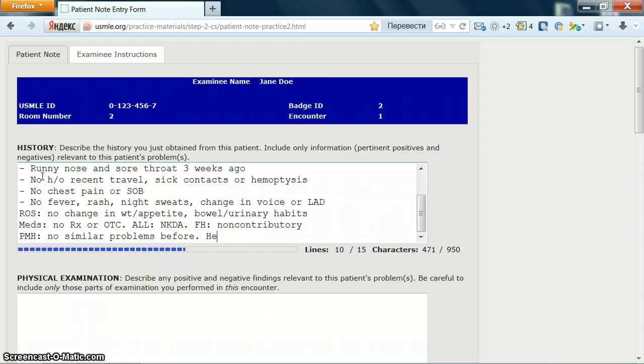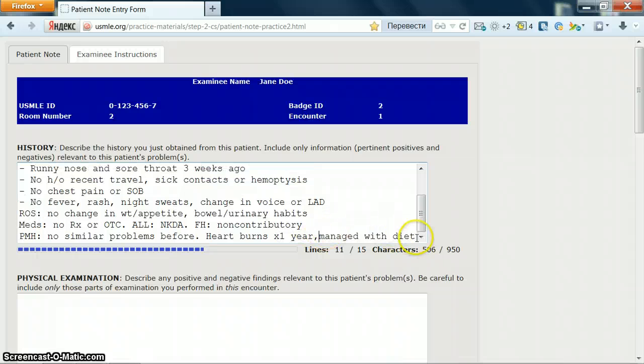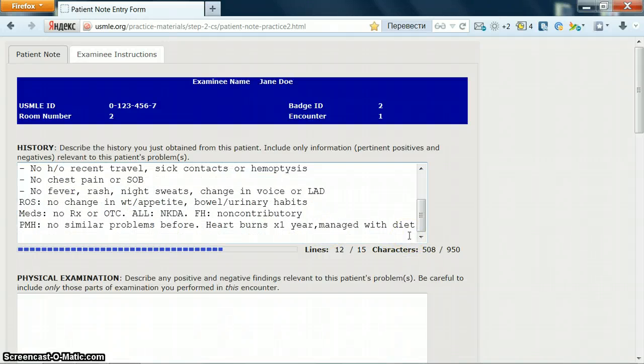And the patient, let's say, tells us that he has heartburn managed with diet. Okay. No surgeries, traumas, or hospitalizations.